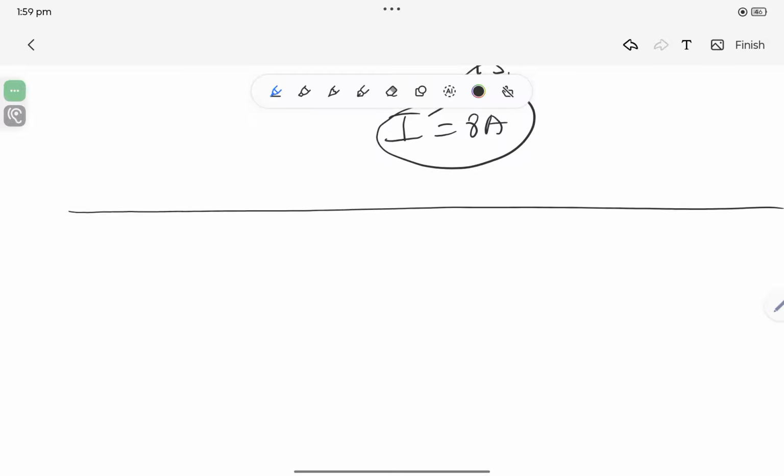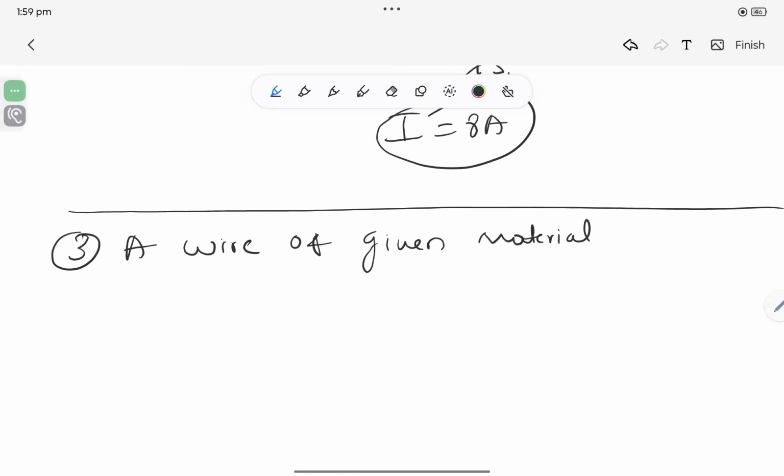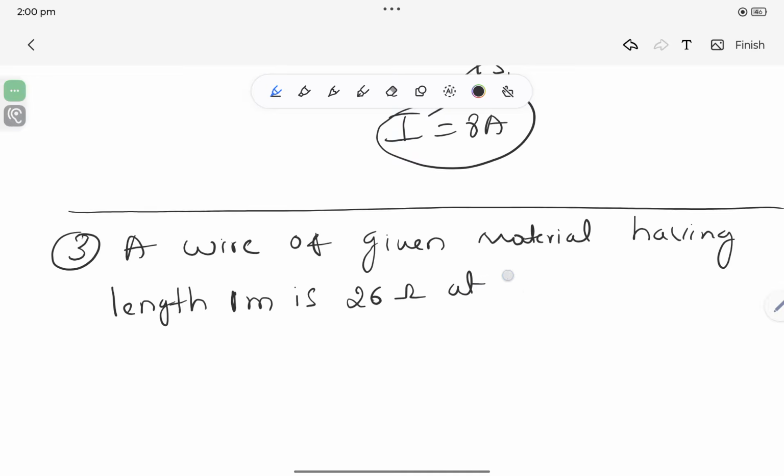A wire of given material having length L, one meter, has resistance 26 ohm at 20 degrees Celsius.